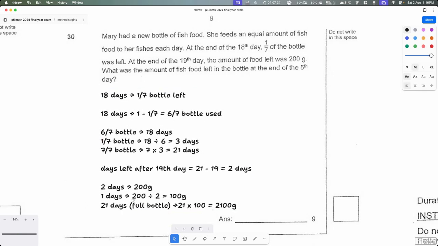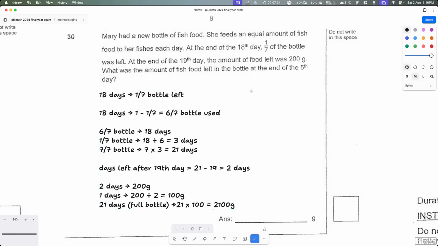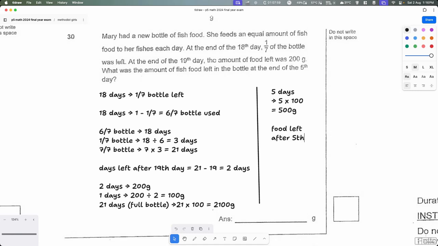Now the next part: what was the amount of fish food left at the fifth day? 5 days is equal to 5 times 100, which is 500 grams. So the food left after 5 days is 2100 minus 500, which becomes 1600 grams. So the answer to this is 1600 grams.